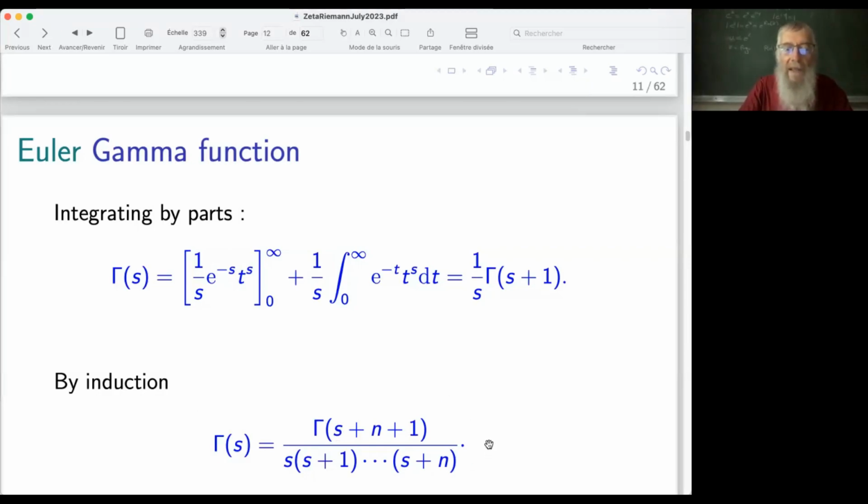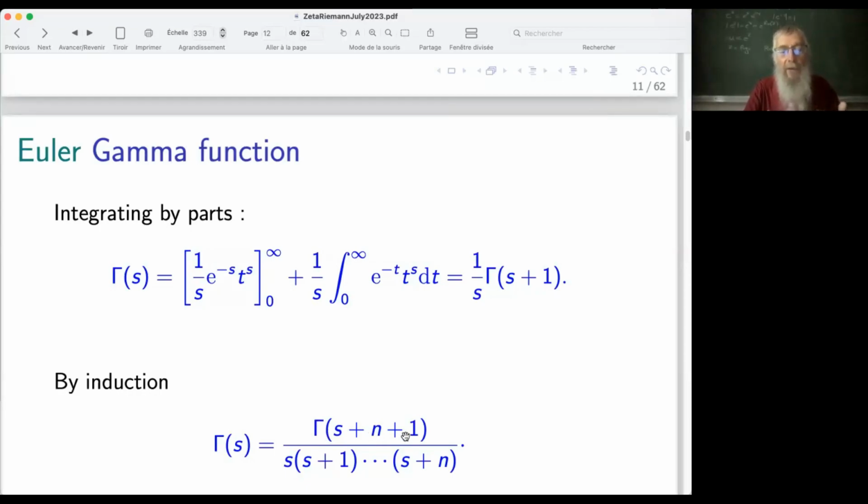So you have this equality, which is valid for the real part of s positive. The two members of this equality coincide for the real part of s which is positive. But the right-hand side is a function which is meromorphic for the real part of s greater than minus n minus 1.